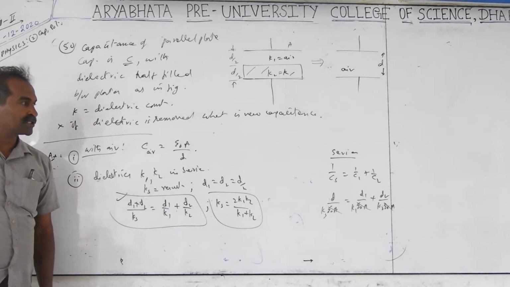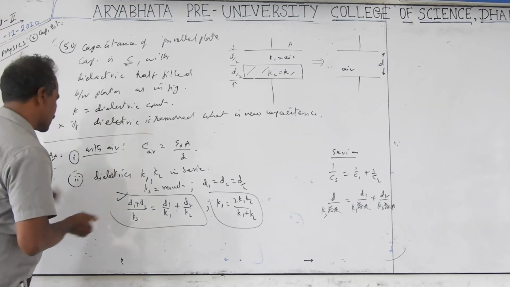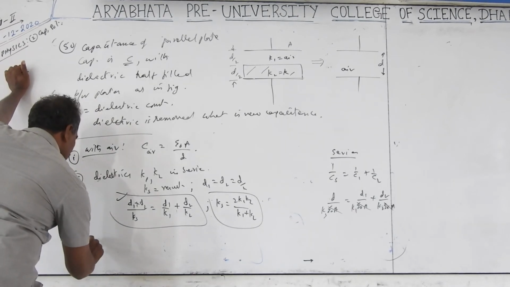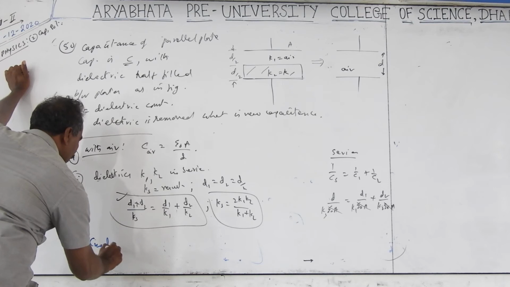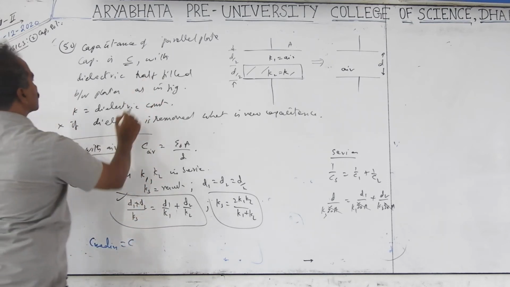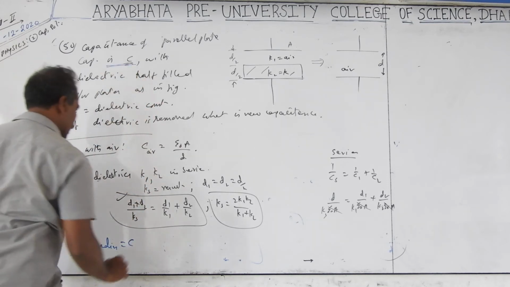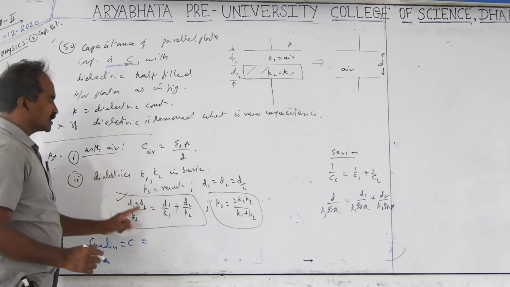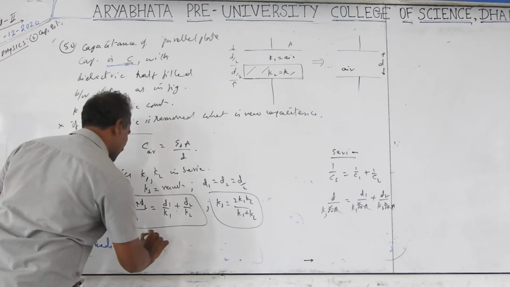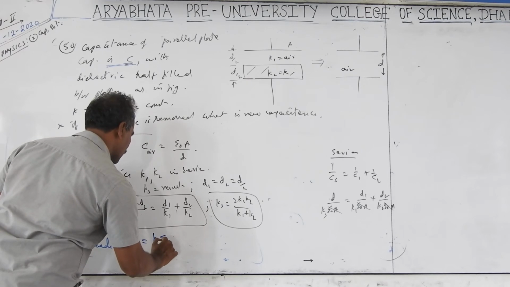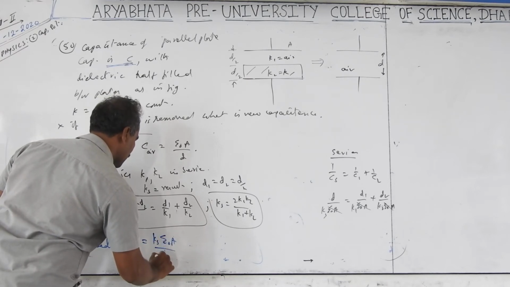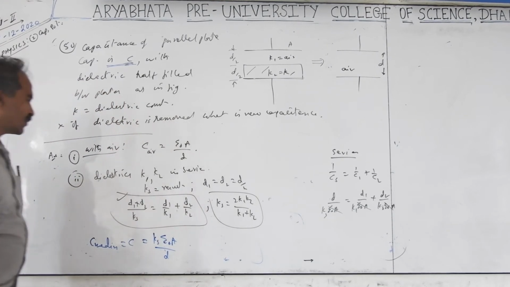So how much is C medium? C medium is given as C in the question. C equals K into epsilon A by D, but with K series it is K series into epsilon naught A by D. What is the K series formula?